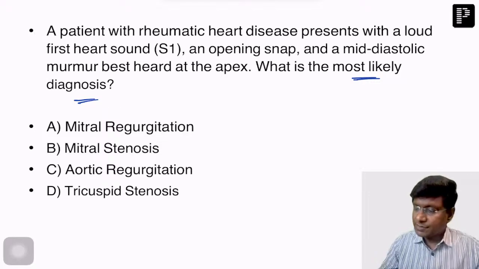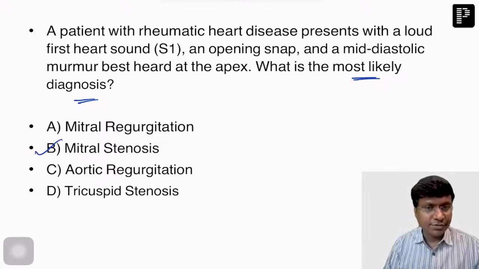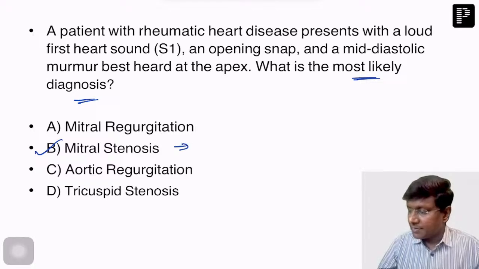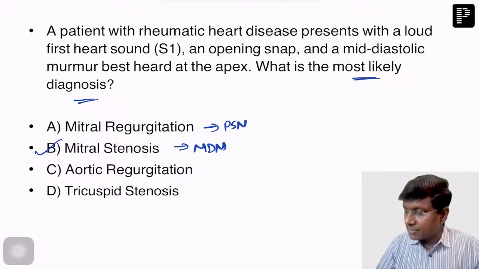Right, so here it is MS, mitral stenosis, because it's a mid-diastolic murmur in case of MS. Whereas in MR, it is the pansystolic murmur. Whereas in AR, it is an early diastolic murmur. Whereas in tricuspid stenosis, again, it is a mid-diastolic murmur.